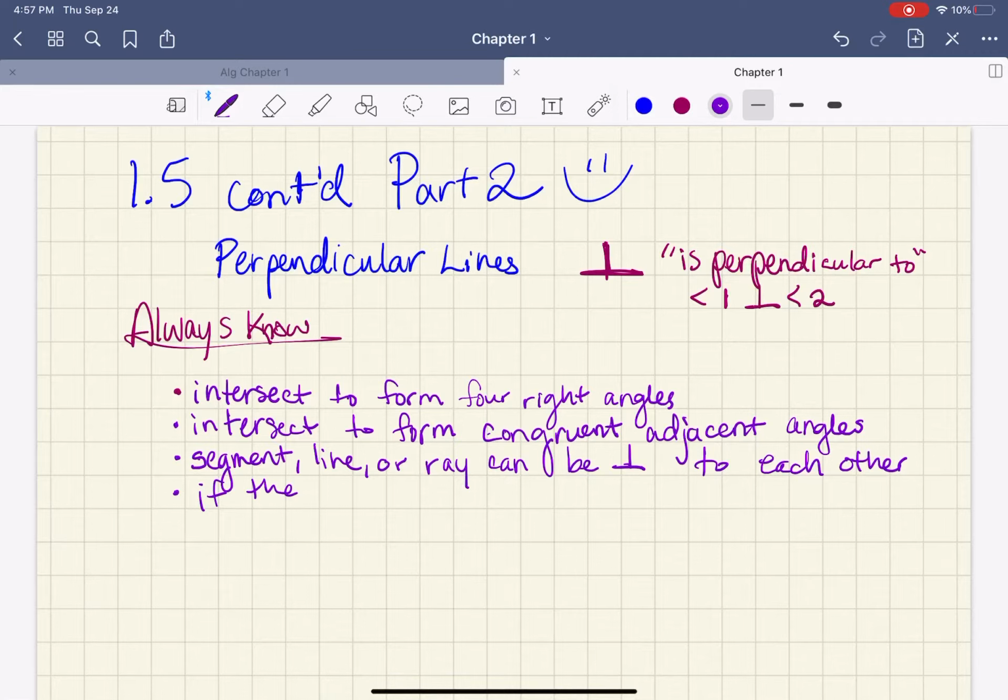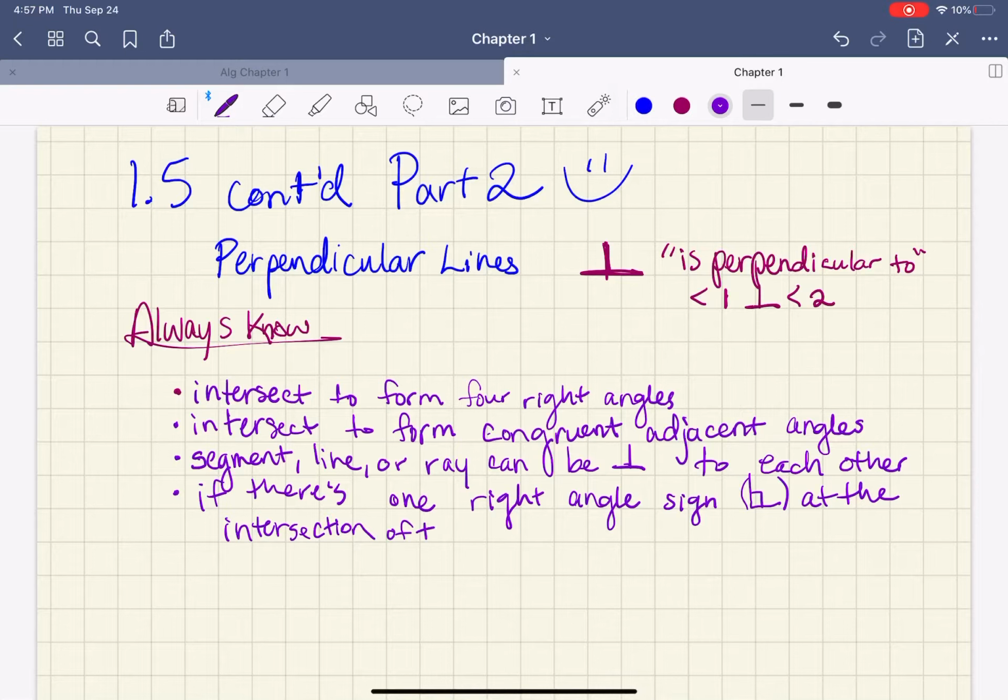If there's one right angle sign at the intersection of 2 lines, then the lines are perpendicular.